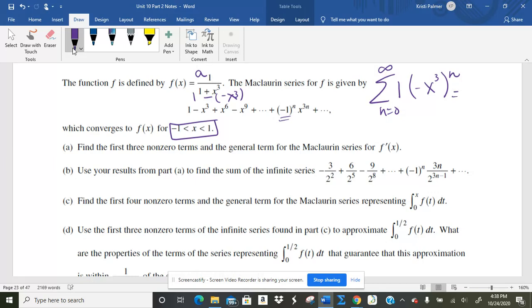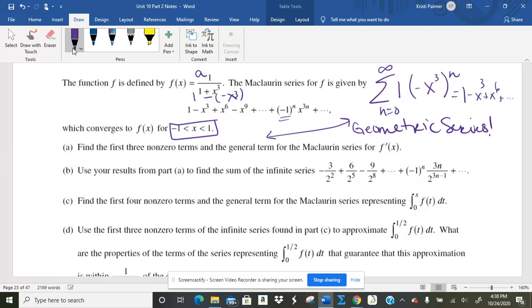Watch when you plug in 0, and plug in 1, then plug in 2. Oh, do you see how it matches? Okay. So I'm kind of putting all this together and really seeing that I have a geometric power series going on.